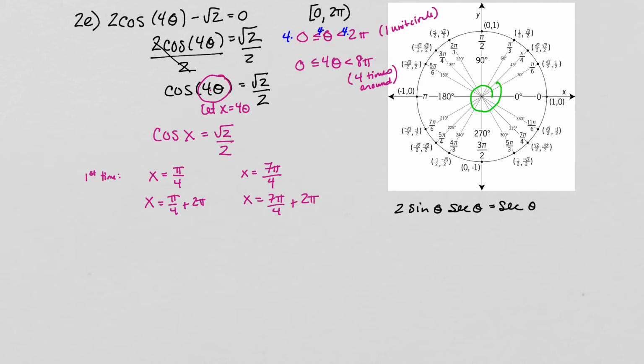The third time, I go around once, twice, and now I stop. So x is going to be that original number plus 4 pi, or 7 pi over 4 plus 4 pi. The number you're adding on represents how many times around the unit circle you've gone.